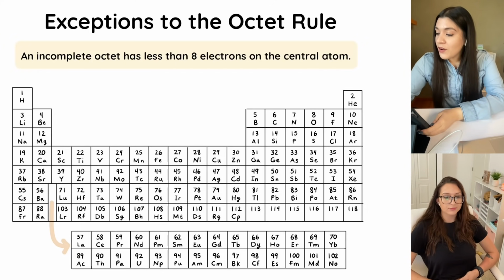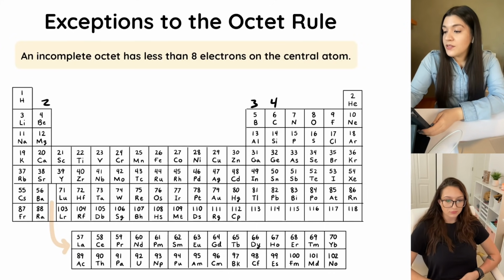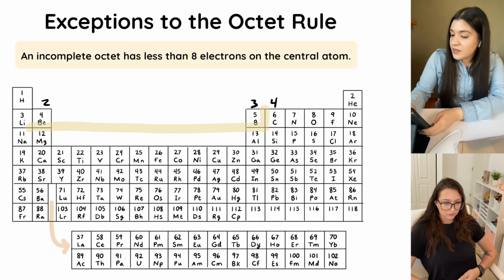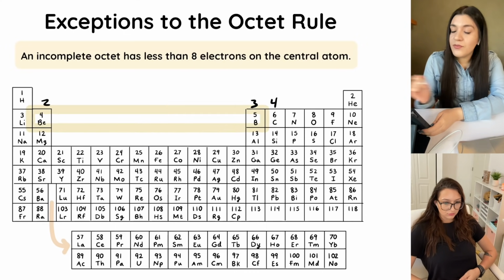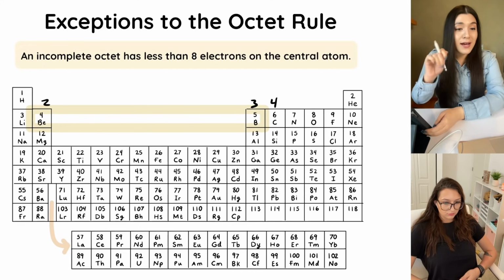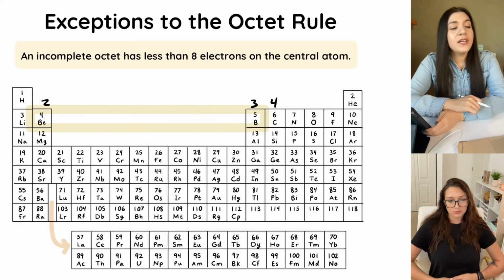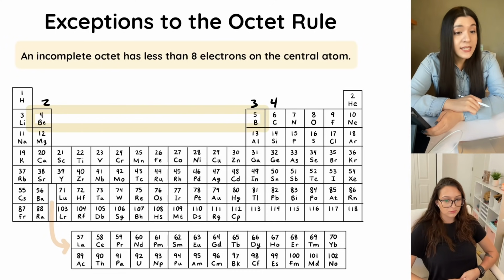So remember, carbon has 4 valence electrons. These had 3, these had 2. I'm literally just looking at the groups that do not have 4 valence electrons. The reason I highlighted boron and beryllium is because those are the most common ones, so those are typically the exceptions to the octet rule that you will see.